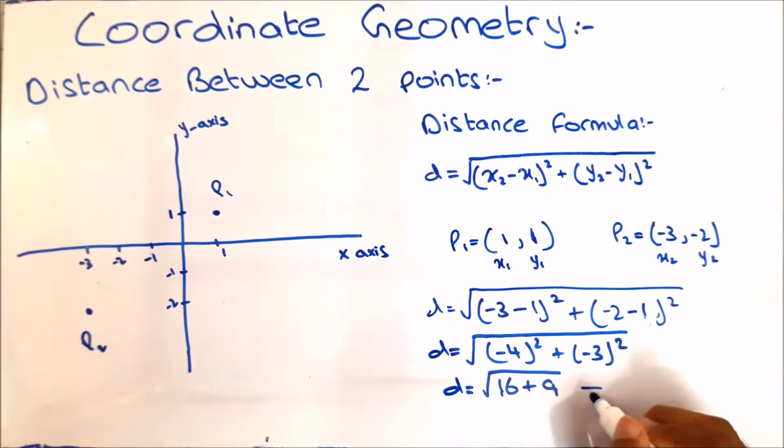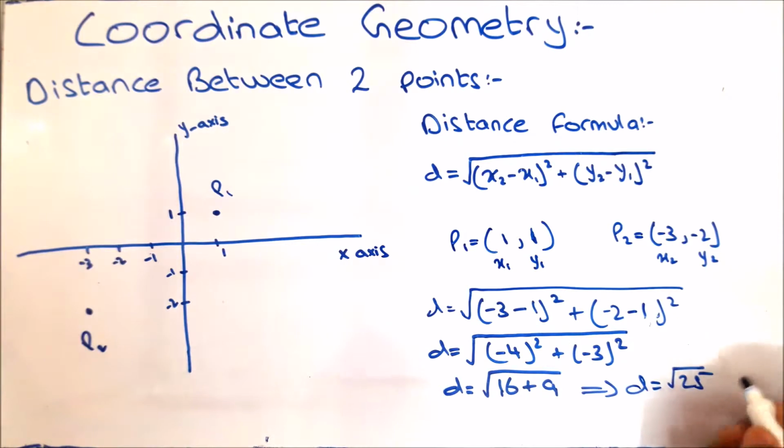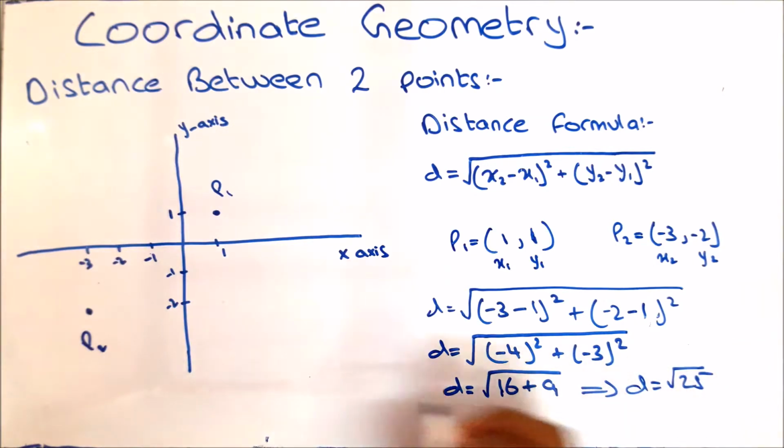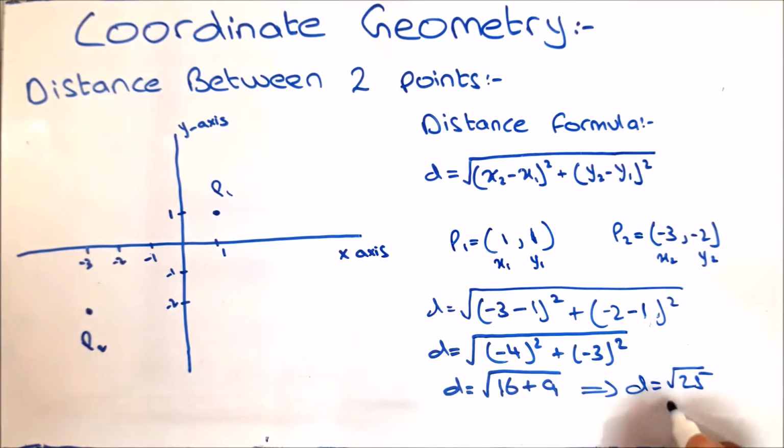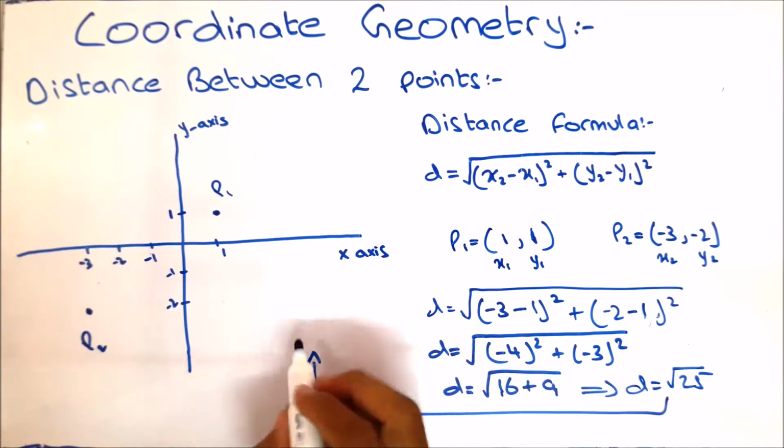Okay, here when we simplify it further, we get D is equal to under root 25, and we all know under root 25 is 5, because 25 is 5 squared. I'll just write it over here to save some space. I'll draw an arrow over here. This is 5 squared.